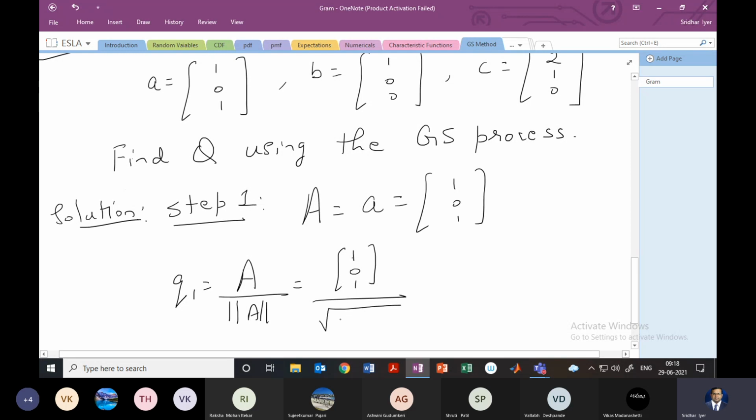You take the three factors inside, 1, 0 and 1: 1 square plus 0 square plus 1 square, and that answer is 1. Therefore Q1 is simply 1, 0, 1.